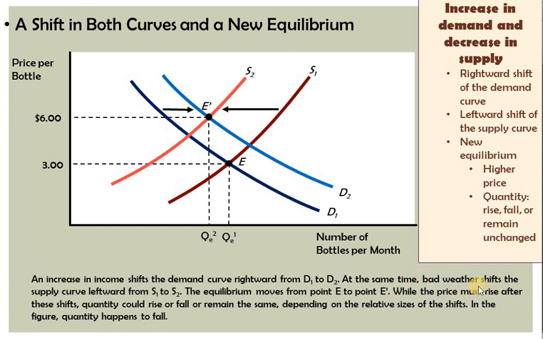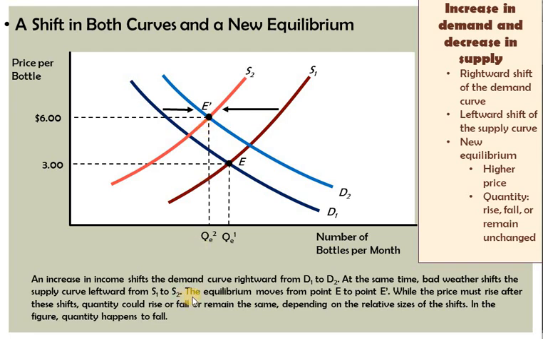At the same time, bad weather shifts the supply curve leftward from S1 to S2. So, what is the indication? Kaya bumababa ang supply, is it because of unfavorable weather? Maybe nagkaroon ng bagyo. Dahil yung dapat naaanihin, nasira ng bagyo, hindi na po siya nagiging part ng supply. Kaya po ito ay bumababa.